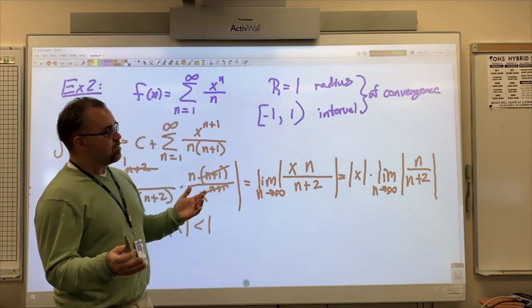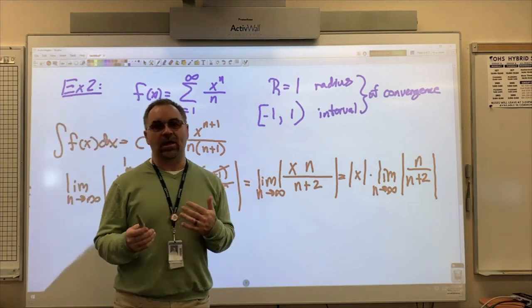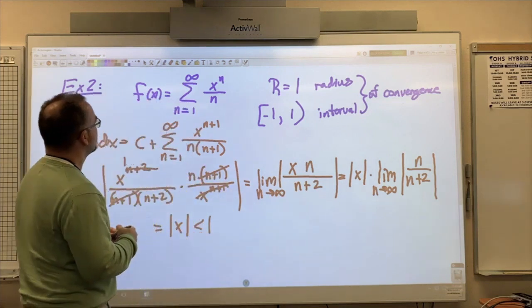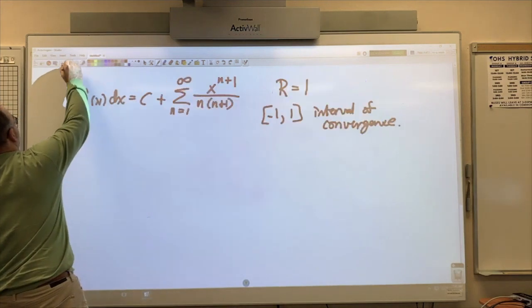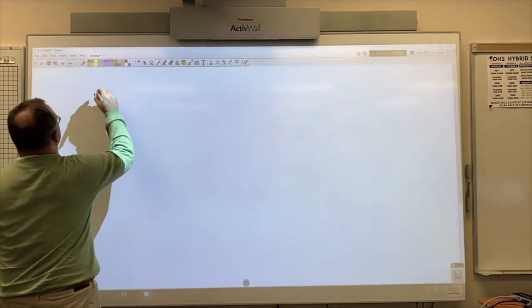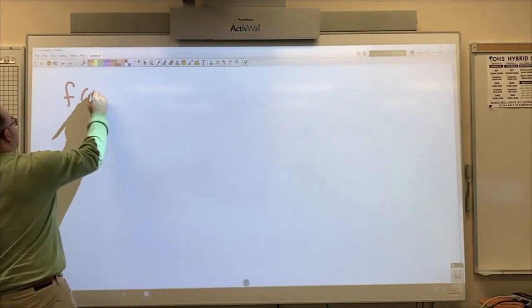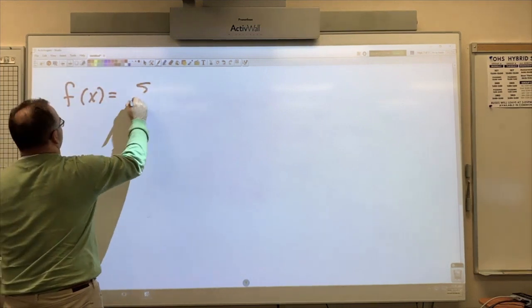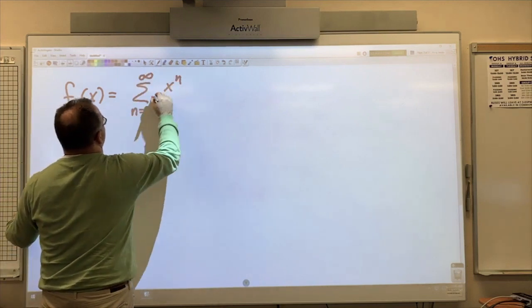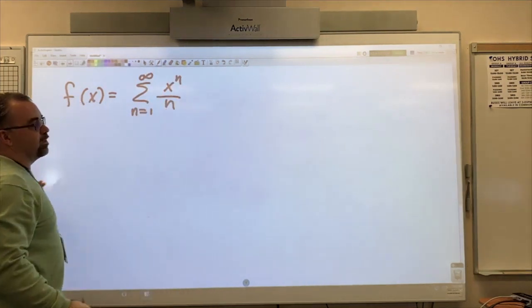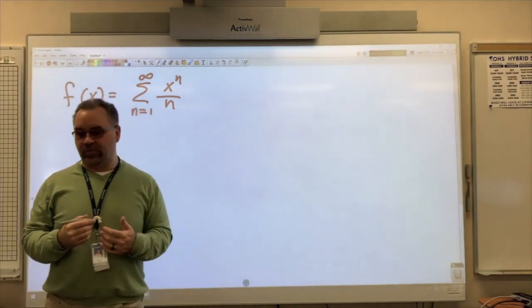So let's move on, and let's talk about what happens when we derive this function. Same function. F of x is still represented by our power series, n equals 1 to infinity of x to the n over n. And now we're going to take a look at what happens when we derive this function.